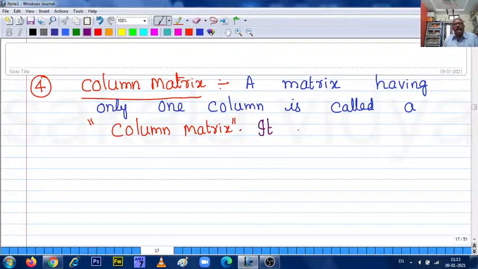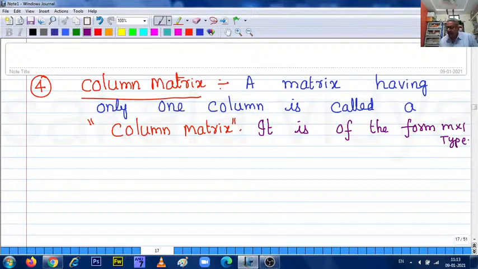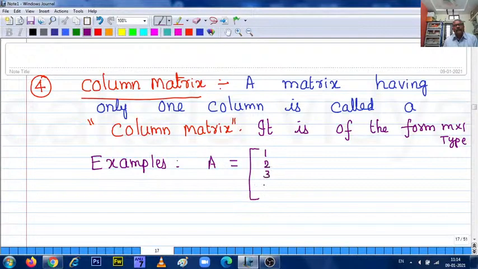It is of the form m by 1 type. So examples: A equals 1, 2, 3, 4, 5.